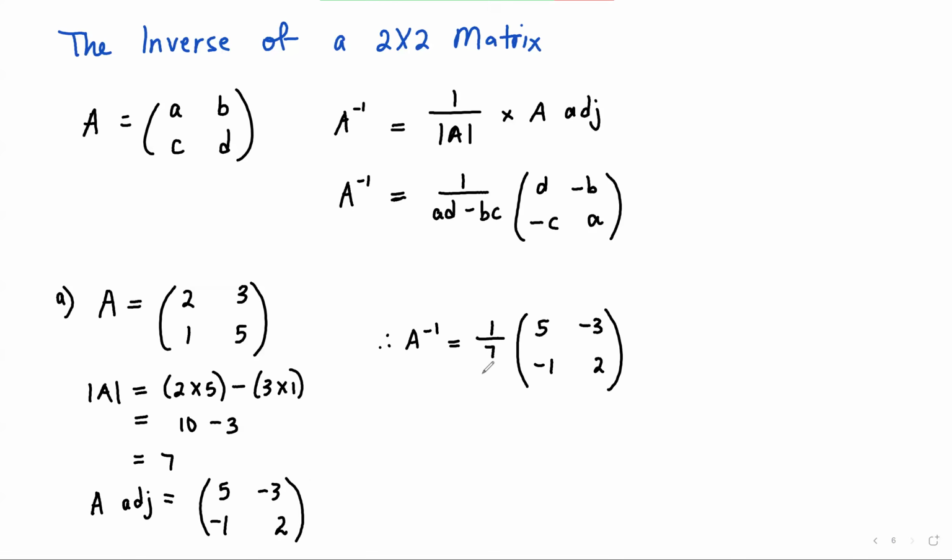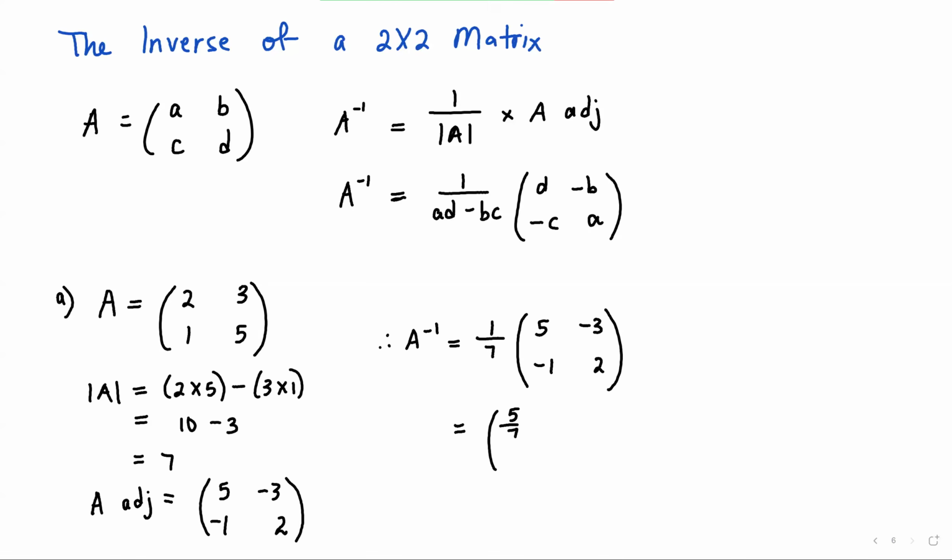And you can now multiply throughout by the scalar. So this means 1/7 times the adjoint literally means that you have to do your scalar multiplication here, which means that you multiply 1/7 by each element of the matrix. So 1 over 7 times 5 would be 5 over 7.